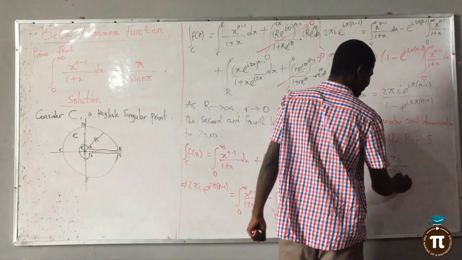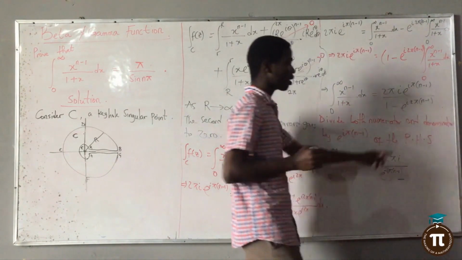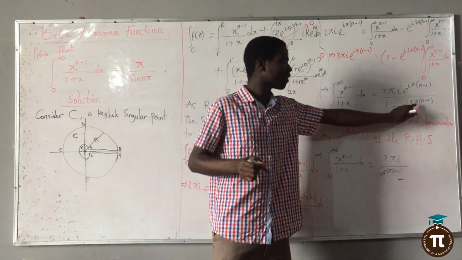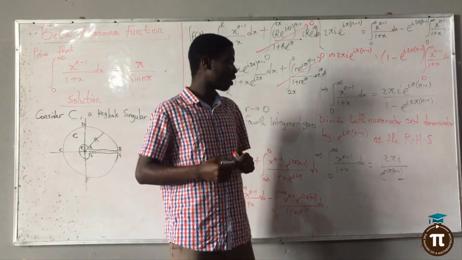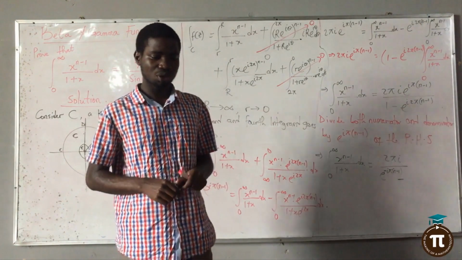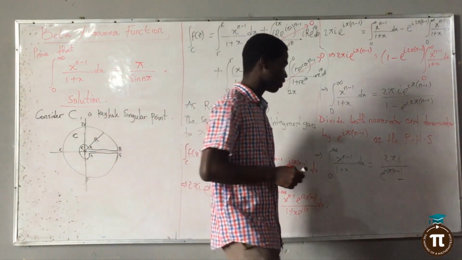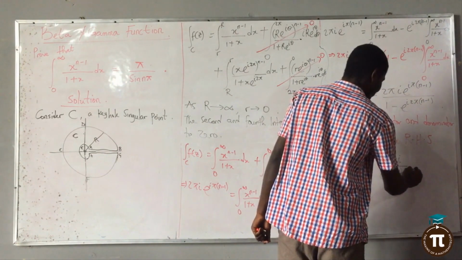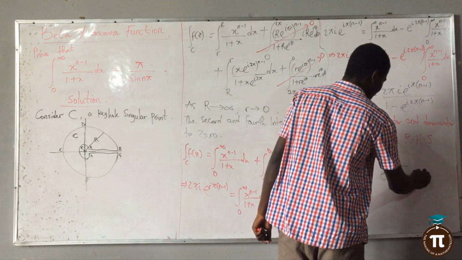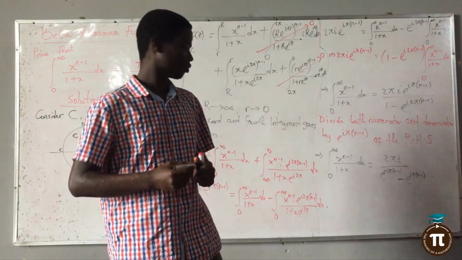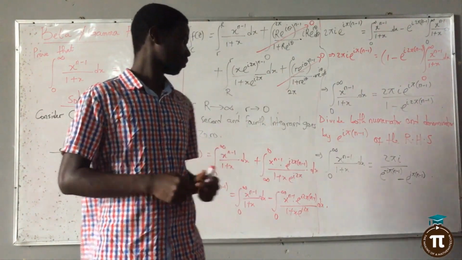Then I have minus this one as well. By the time you divide this one by e raised to the power of i pi (n minus 1), you are going to have e raised to the power of i pi (n minus 1), as you can see.